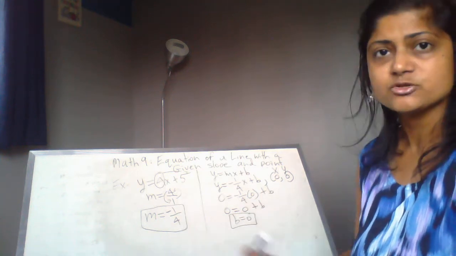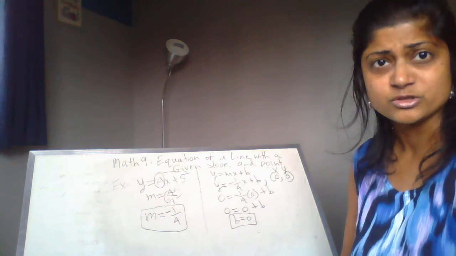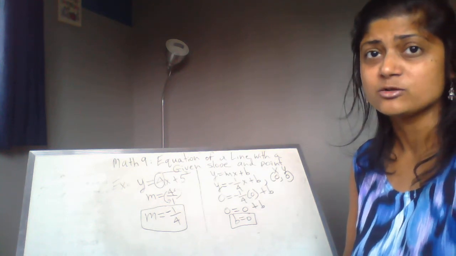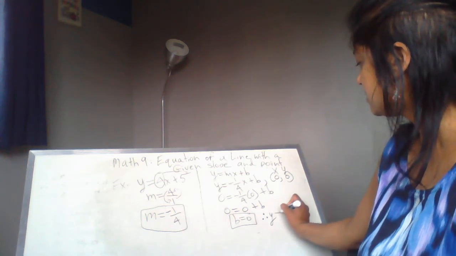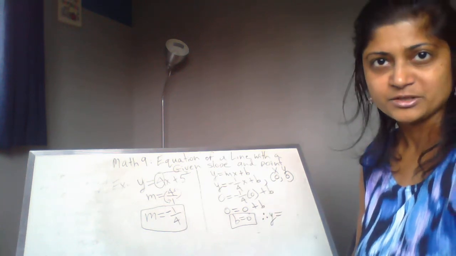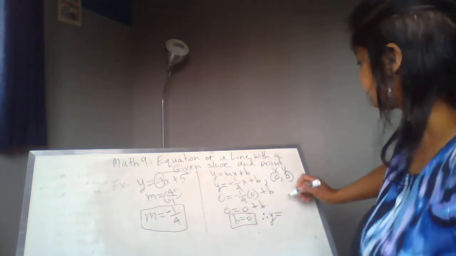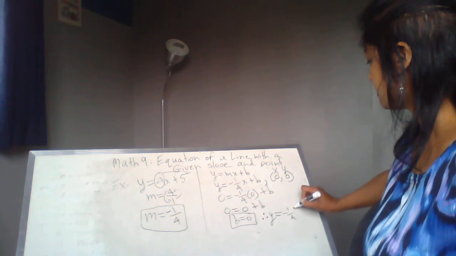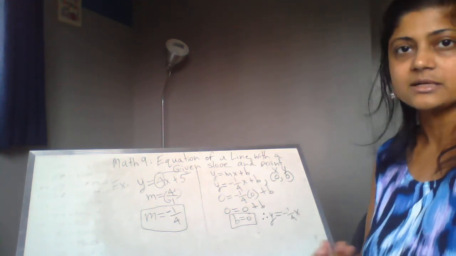Okay, so if you want to actually box your m and the b values that you're solving for, I think that would actually be easier when you're stating your final equation, okay? And I always have to make sure I state the final equation, or again, the teacher will take off a mark, okay? So my final equation is y equals my m value, negative 1/4x, and the b value is 0, okay? So it would be like plus 0.